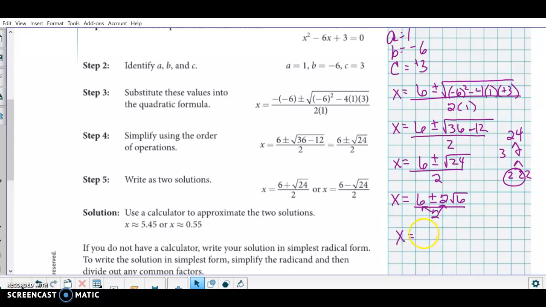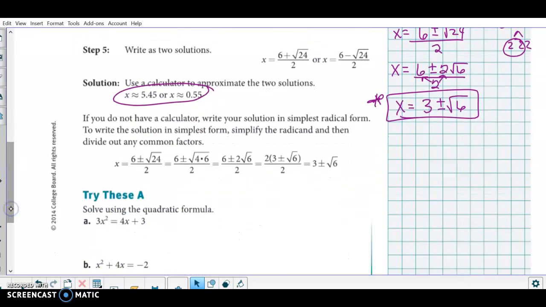So we can say 6 divided by 2 is 3. 2 divided by 2 is 1. So the simplest form would be 3 plus the square root of 6 and 3 minus the square root of 6. And if you put that into your calculator, you should get this. But for our purposes, you can stop here, and I'm going to be perfectly fine. And here they show you where you simplified that.